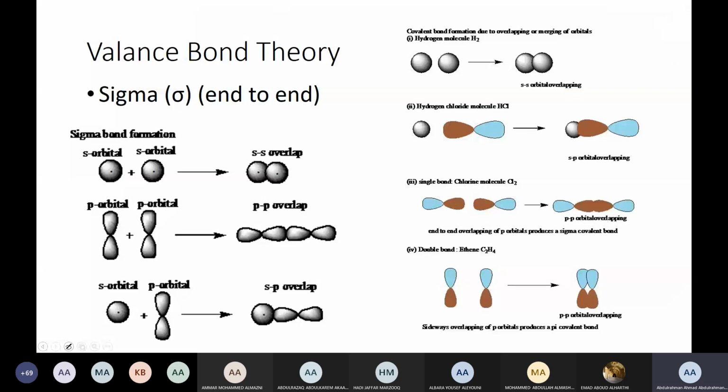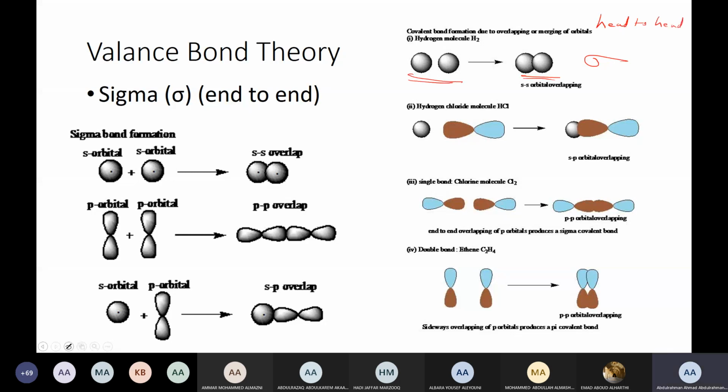I also discussed in chapter 9 how to make sigma and pi bonds. The first bond in here is what? Sigma. Head to head, or end to end. You must memorize both names.